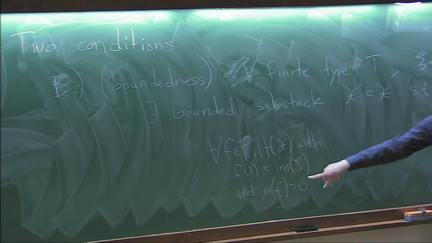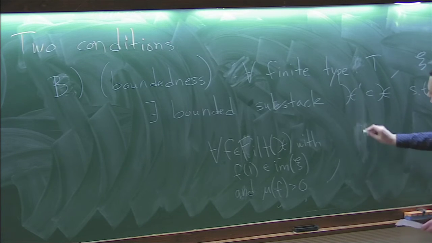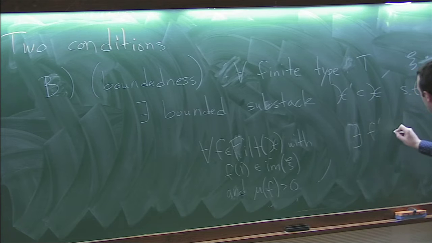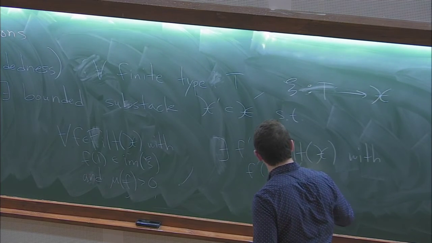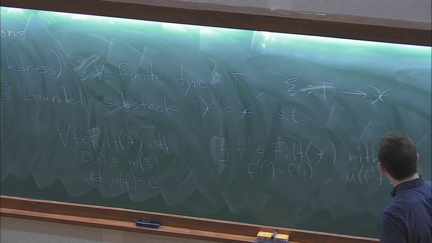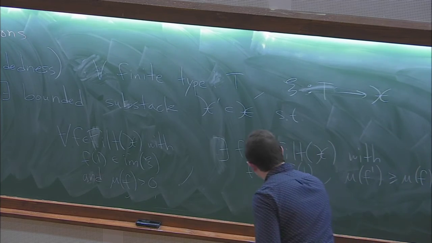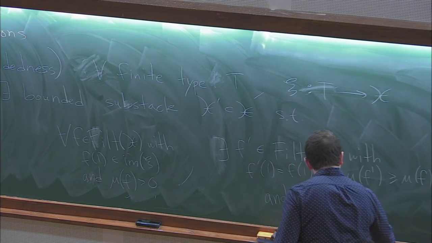So for all filtrations that are destabilizing for some fiber in this family, there exists another filtration of the same point with a greater than or equal numerical invariant, and gr of f prime is in X prime.